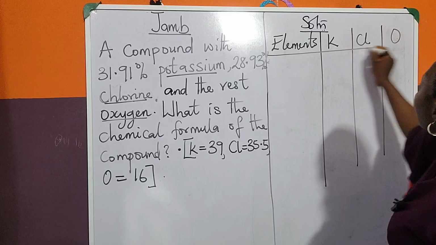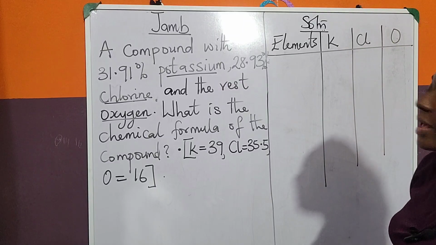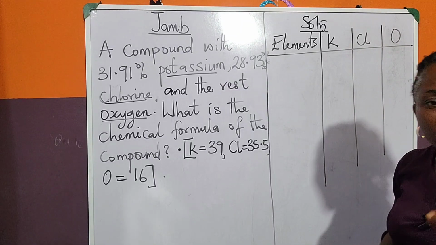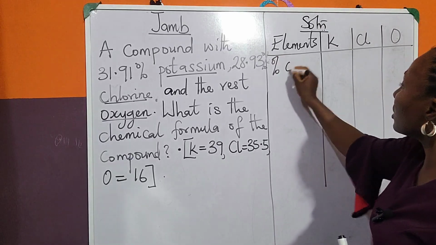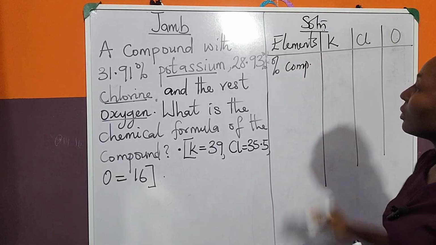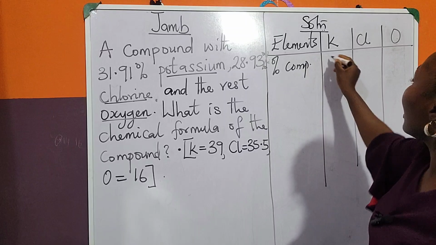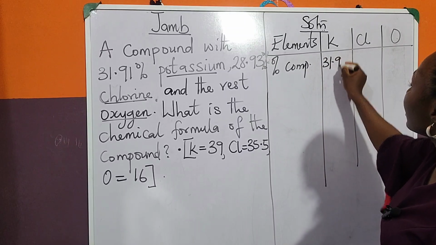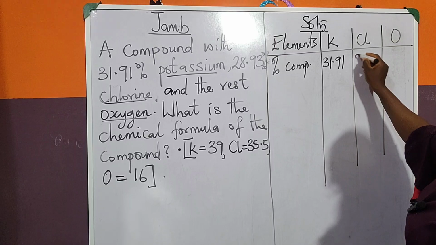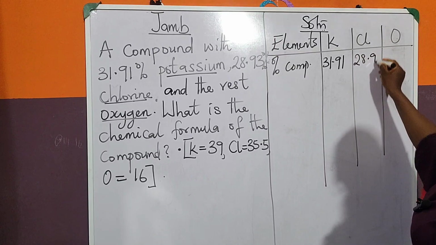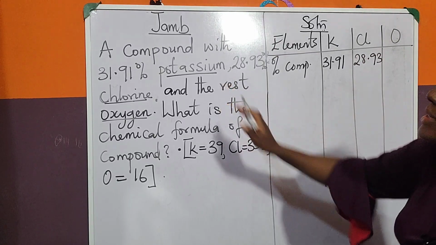These are the elements. Your next step is to bring out their percentage composition. For potassium, I have 31.91, chlorine 28.93, and they say the rest is oxygen.